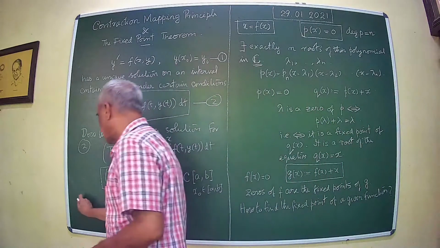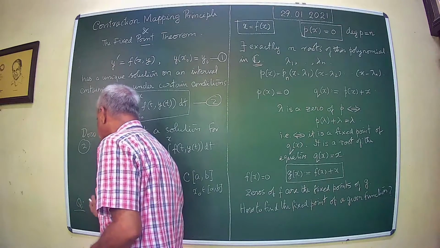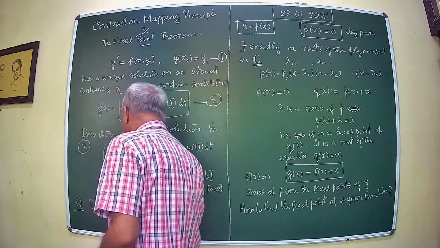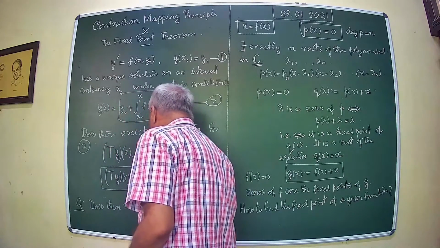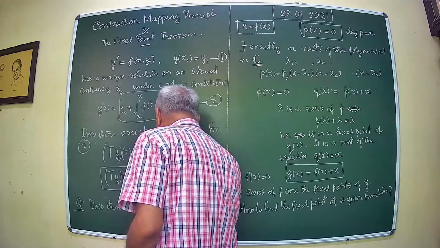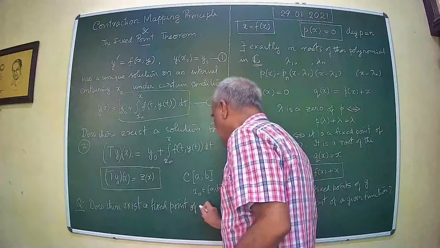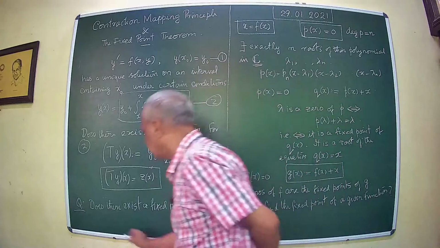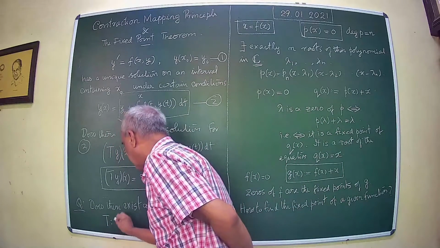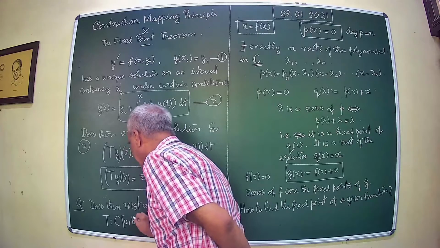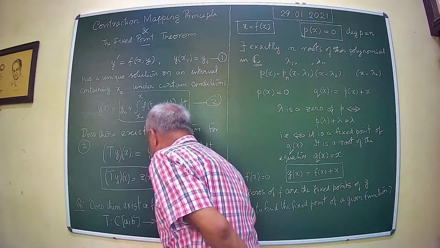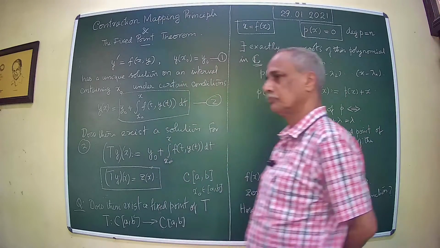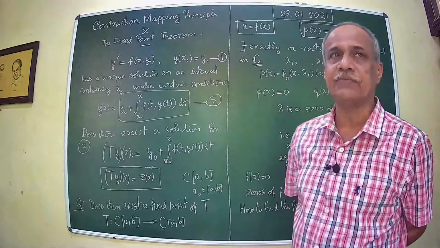Therefore, the question is about a fixed point. T is considered as a map from C[a, b] to C[a, b] for some interval [a, b].